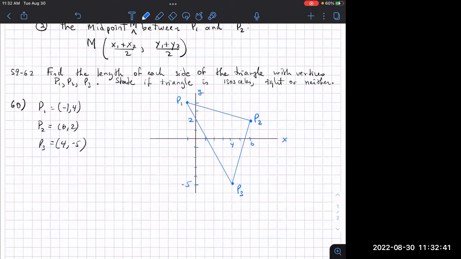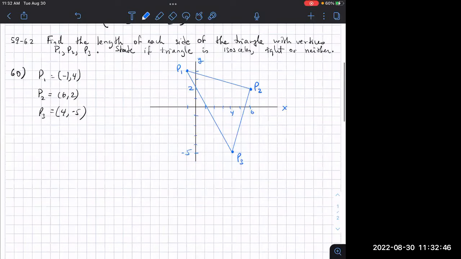By the way, the triangle could be isosceles and right also. To determine if it's isosceles, you would have two sides of equal length. If it's right, you have to have a right angle, or two sides perpendicular.